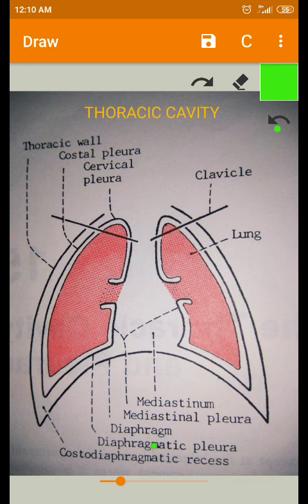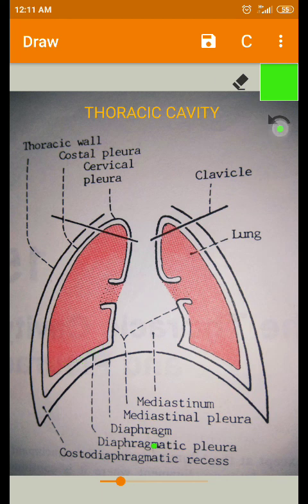In this root of the lung, the pulmonary artery, two pairs of pulmonary veins, and bronchial arteries pass into the lung. So this pulmonary pleura is firmly adherent to the lung. It is very much adherent and cannot be separated from it. So the pulmonary pleura cannot be separated from the lung.